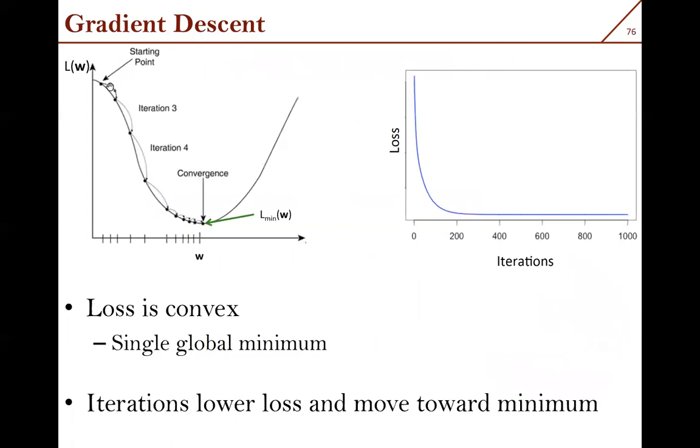Here you are taking long steps, but as you approach the global minima you have to take shorter steps, because you are very close. If you take a long step, you end up on the other side of the minima.